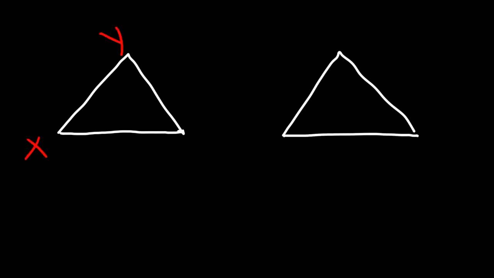Now let's look at another example, but let's use different letters. So let's call this triangle XYZ, and let's call this triangle RST. And let's say that segment XY is congruent to RS, and segment XZ is congruent to RT, and angle X is congruent to angle R. What postulate can we use to prove that these two triangles are congruent?